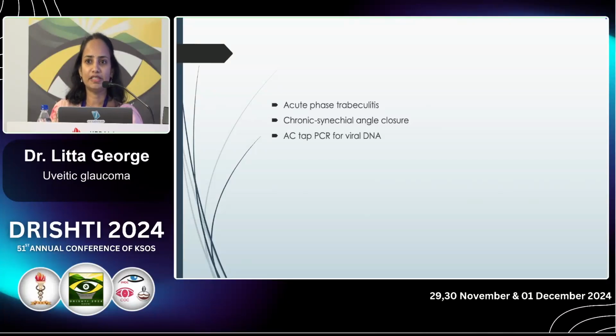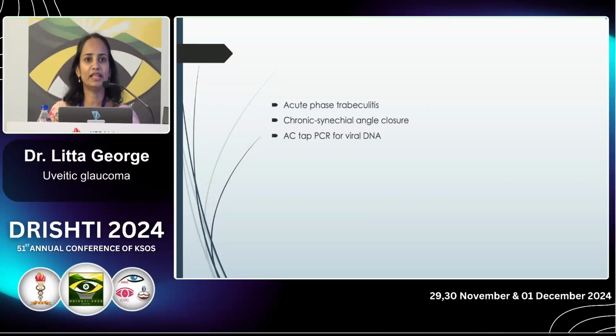An aqueous tap PCR for viral DNA or the Fuchs profile can be done, but as of now, the Infectious Uveitis Treatment Algorithm Network recommendation is you can empirically consider viral uveitis when you get typical symptoms, that is unilateral uveitis with raised intraocular pressure with decreased corneal sensations and diffuse or sectoral iris atrophy.